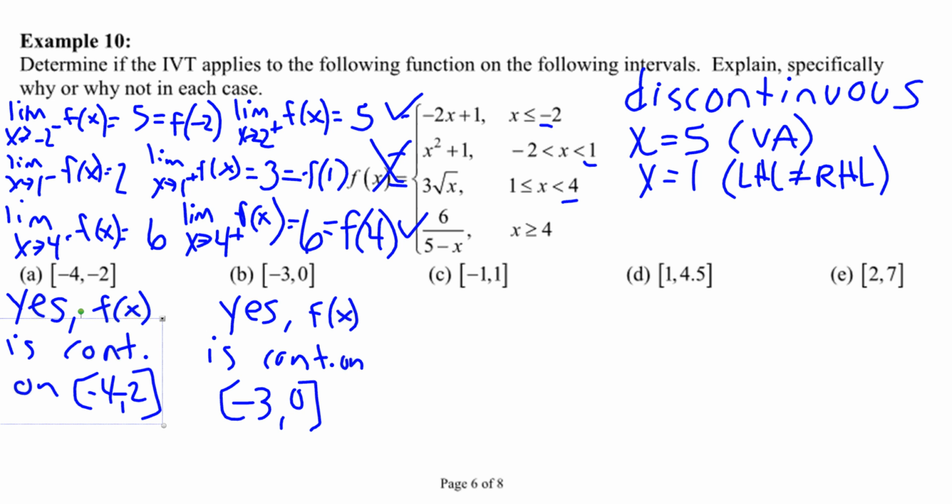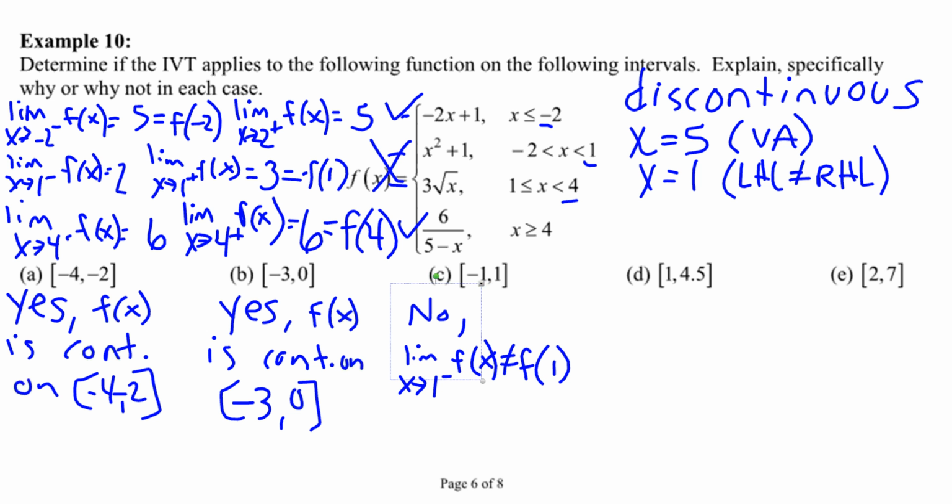-1 to 1. Alright, so we know that f of x is discontinuous at x equals 1, but it still could be continuous. So does the limit as x approaches 1 from the left-hand side equal the function value? So that's no, okay? We could say that the limit as x approaches 1 from the left does not equal the function value at 1.